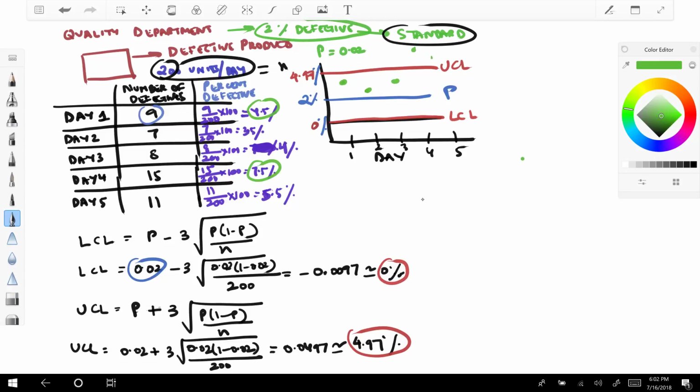It will also lie outside the limit. So if you join these points, you see these 2 points are out of control, so the process is out of control.